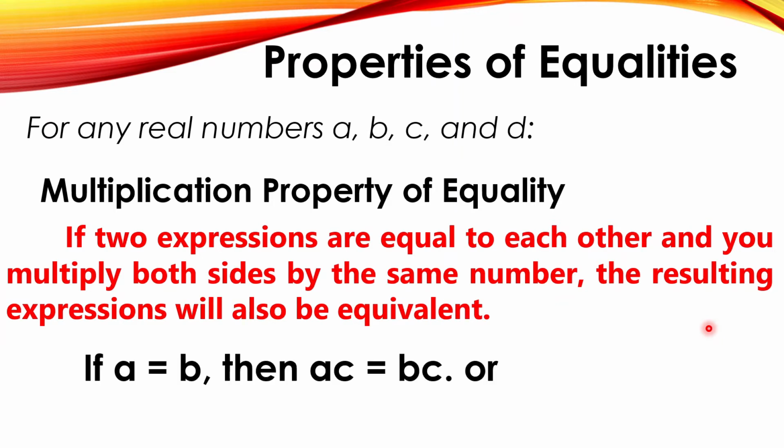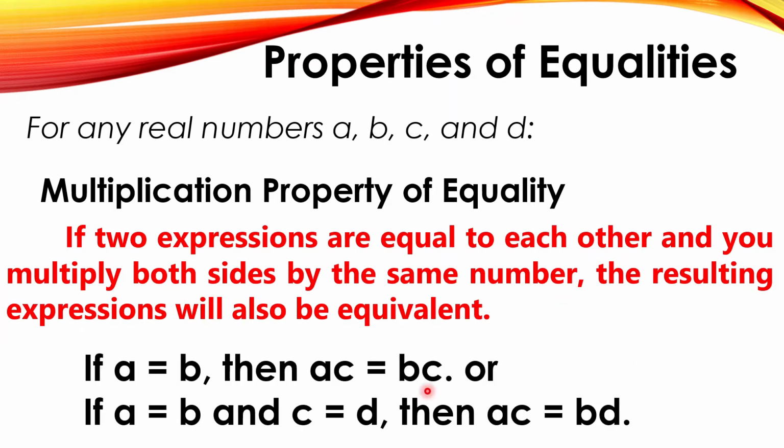So if a is equal to b, then ac is equal to bc. Or if a is equal to b and c is equal to d, then a times c is equal to b times d. For example, 2 is equal to 2 and 3 is equal to 3, then 2 times 3 is equal to 2 times 3, that is 6 is equal to 6.